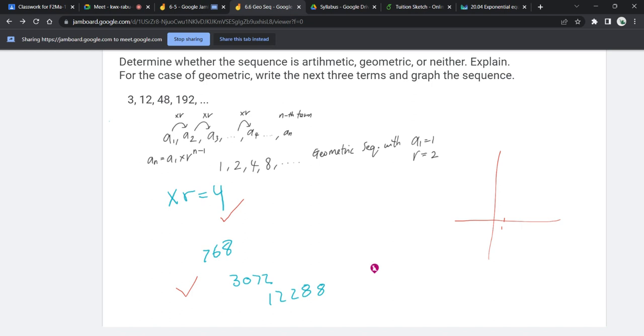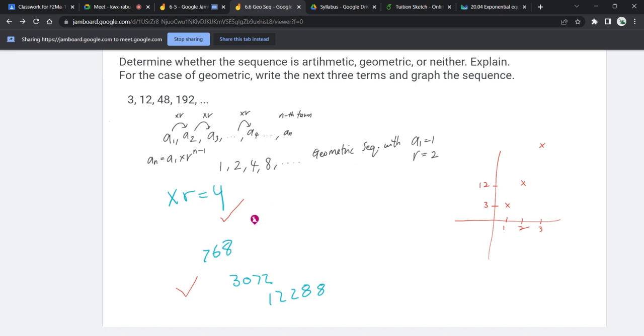So we only need to plot this 3 and then 12. So when x equals to 1, 2, 3, we only need to plot these points: 3, 12, and 48.